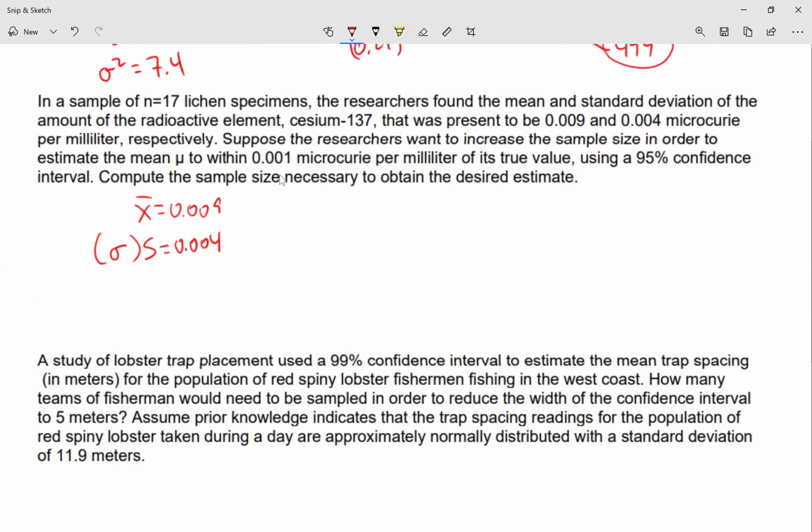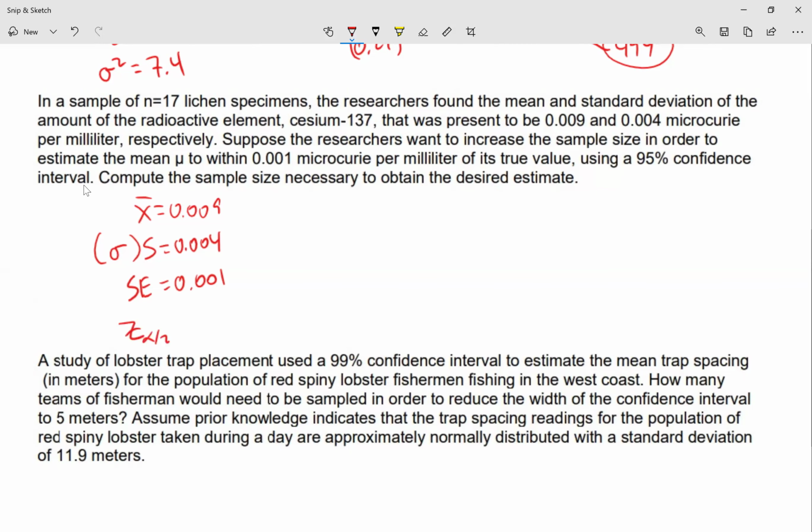So that means my sample error, the maximum sample error that I can use, is 0.001. Using a 95% confidence interval, my C value for a 95% interval, according to my table from last week, my C-score is 1.96.